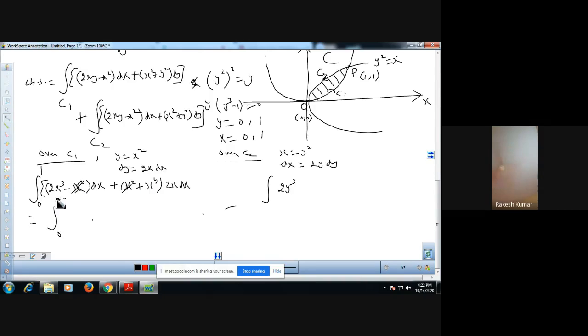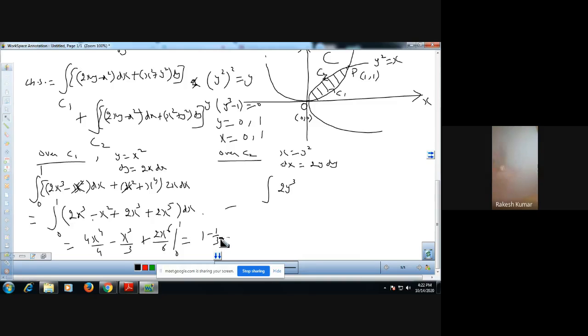So what we have 0 to 1, 2x cube minus x square plus this one will be 2x cube plus 2x5 and into dx. Now you can integrate 2x cube, 4x cube, that will be 4x4 over 4 minus x cube over 3 plus 2x6 over 6 within the limits 0 to 1.